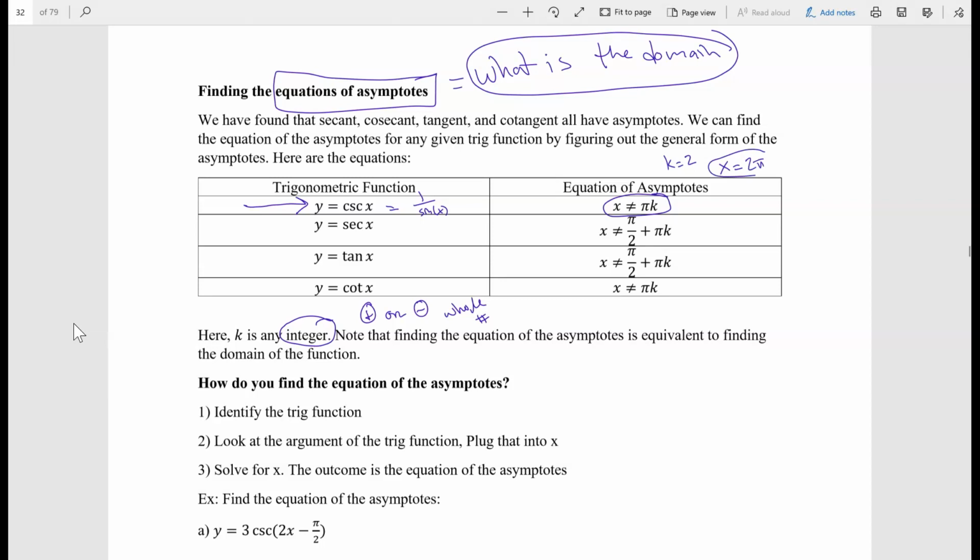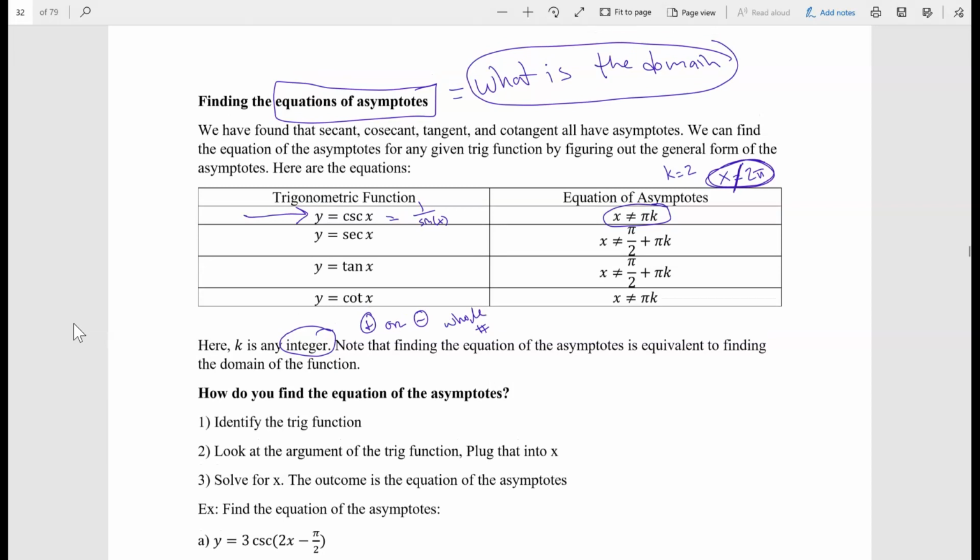That means there's going to be an asymptote at 2 pi, which means that x cannot be equal to 2 pi, because there's going to be an asymptote. So every multiple of pi, with k being an integer, you're going to see an asymptote.